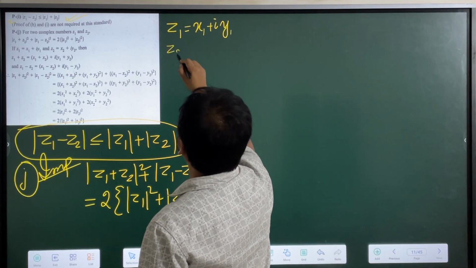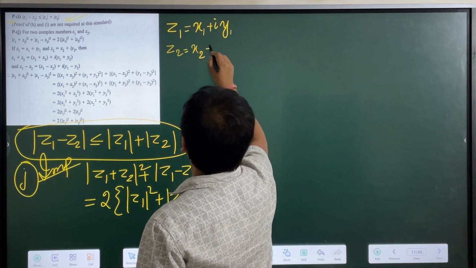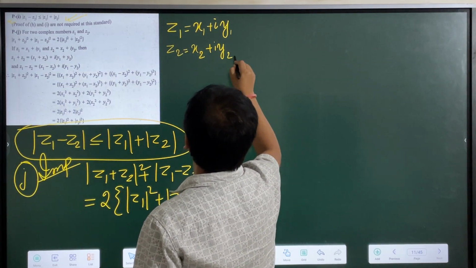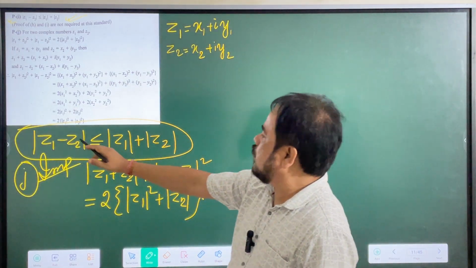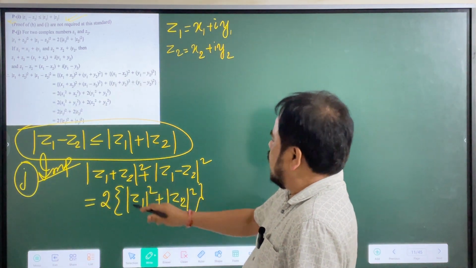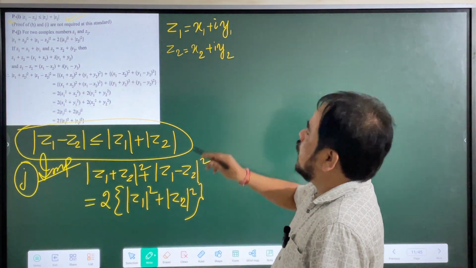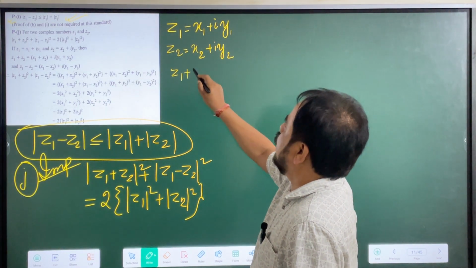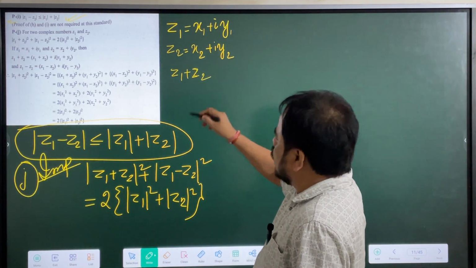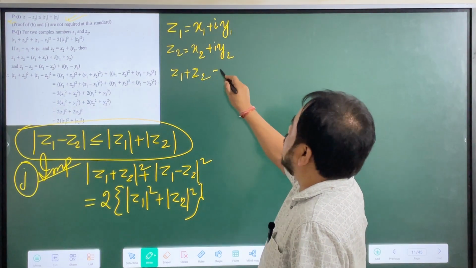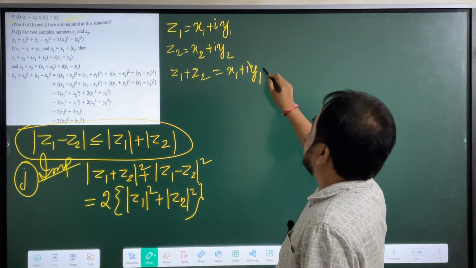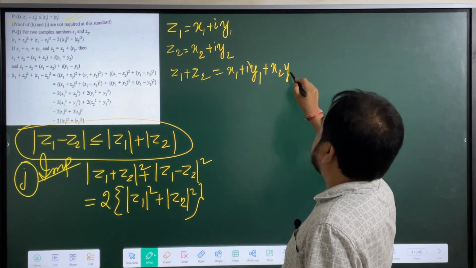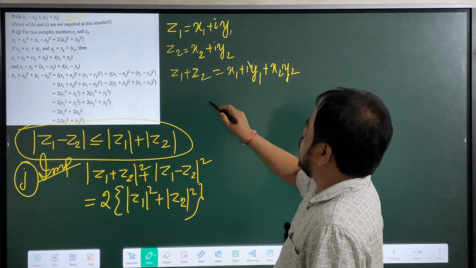It is taken like this just for convenience so that you can differentiate the numbers. Here Z1 plus Z2 is there, Z1 minus Z2 is there. So we will find Z1 plus Z2, and we will also find Z1 minus Z2.